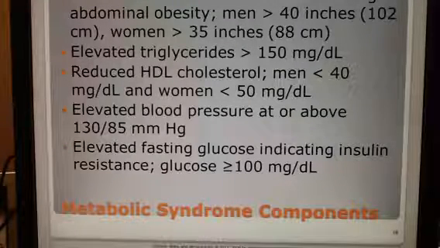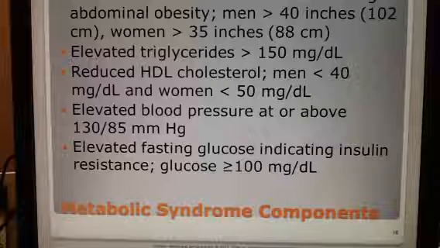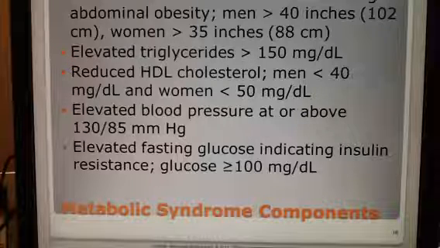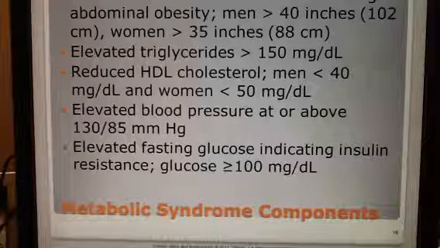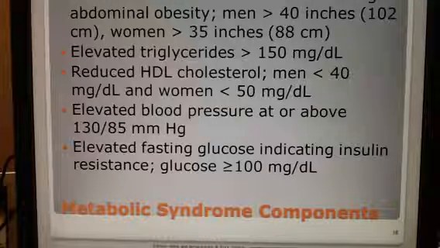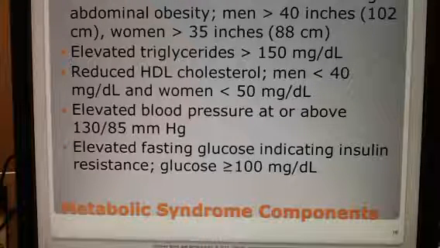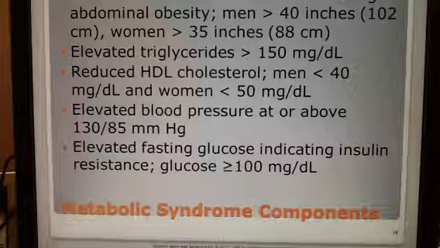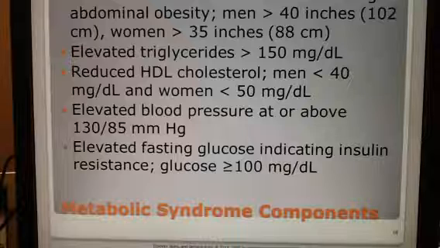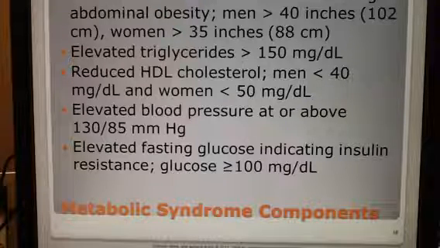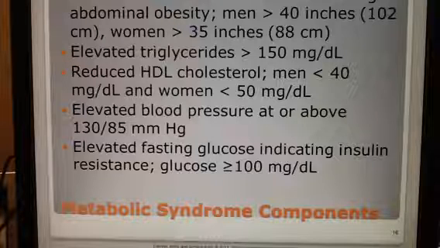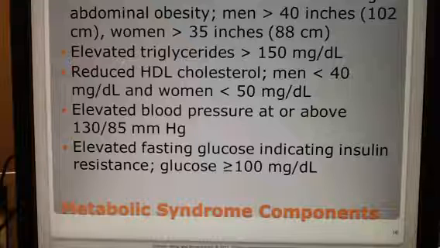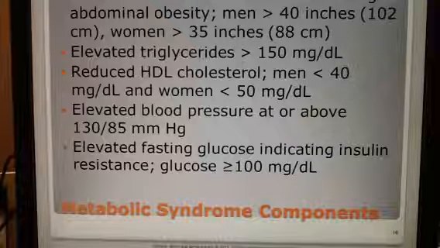Okay, metabolic syndrome is a diagnosis made up of these things that we're going to read in just a second. You have to have 3 or more of them to be considered metabolic syndrome, and it puts you at a high risk of cardiovascular disease. An elevated waist circumference is more than 40 inches for males or more than 35 inches for females. Elevated triglycerides are above 150.